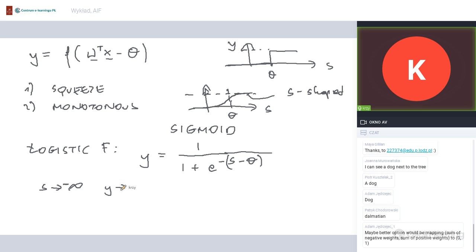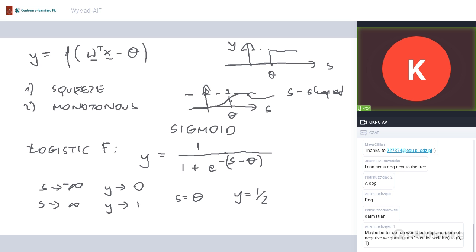If S goes to plus infinity, then e to the minus infinity is 0, so y goes to 1. And if S equals theta, then y equals 1 over 2.